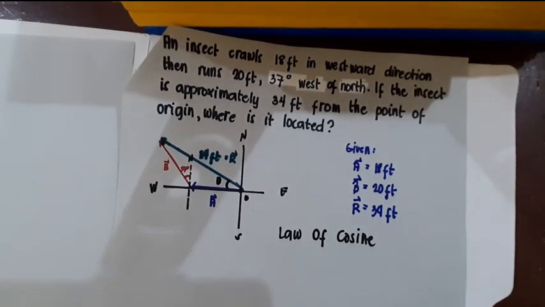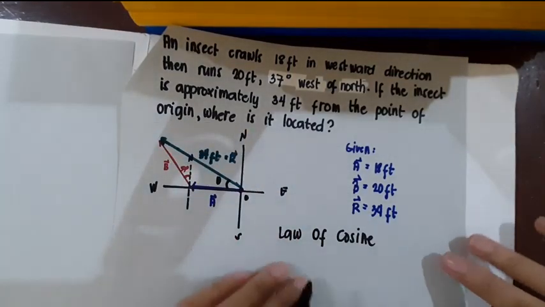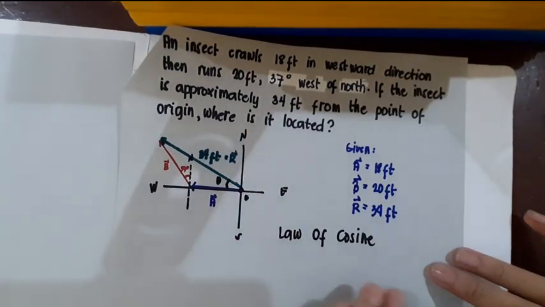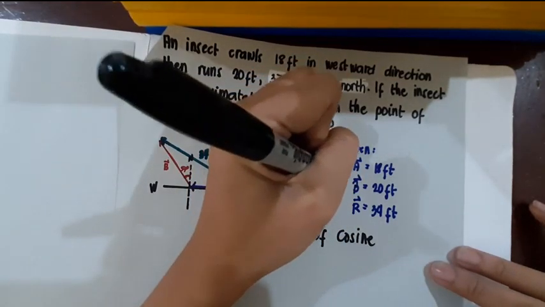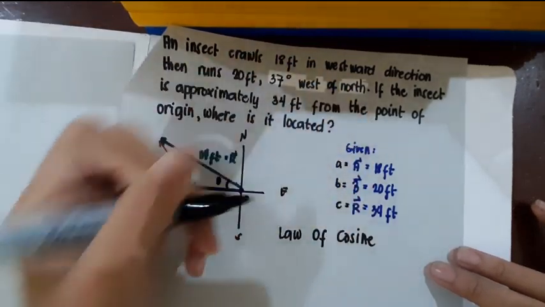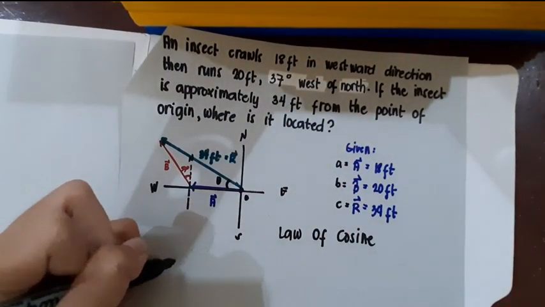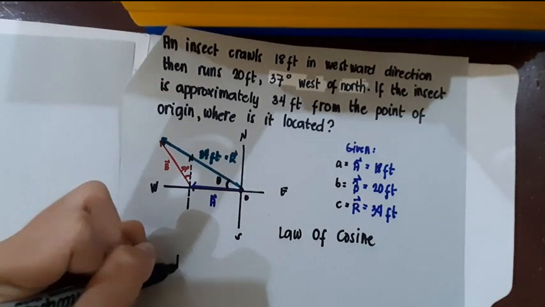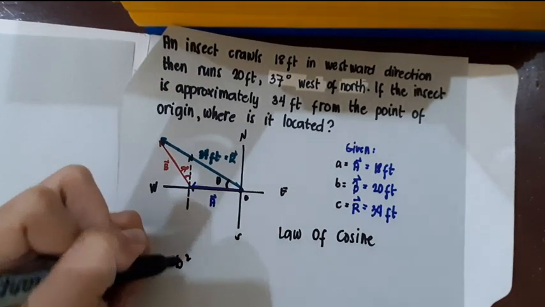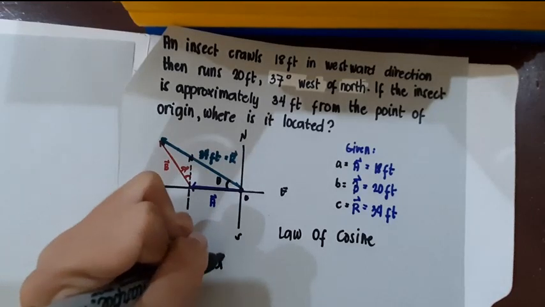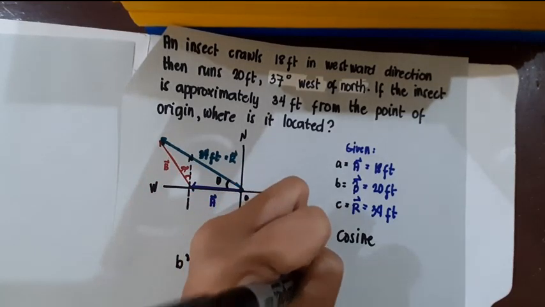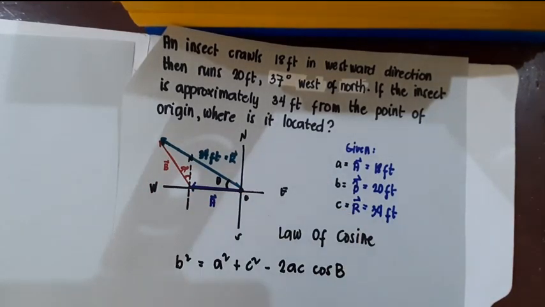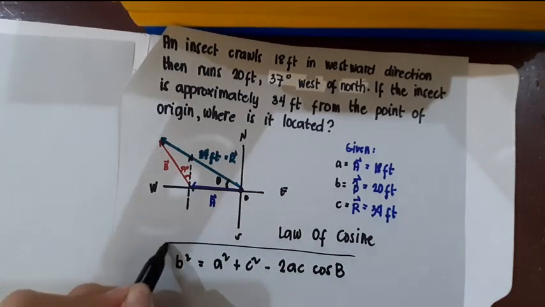Since I already gave you the formulas for the law of cosines, you can just look for a formula that matches our given. So let's call this A, B, and then C. We are going to use B squared is equal to A squared plus C squared minus 2AC cosine B. Why did I choose this formula?